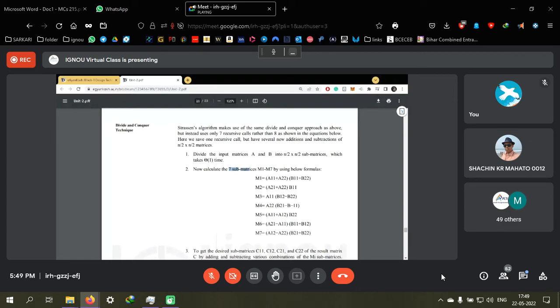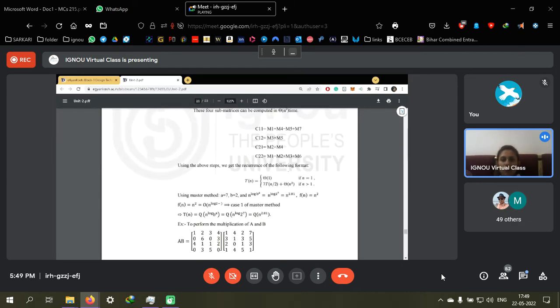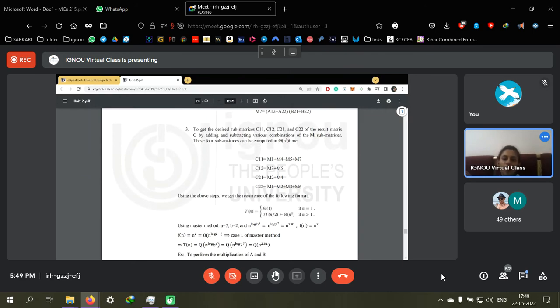So here you have to divide your 2 matrices, that is n into n matrices, into these 7 parts. You can calculate these 7 parts, and after that you combine them according to the C values, that means the solution matrix. So you will get the C11, C12, C21, and C22 values.